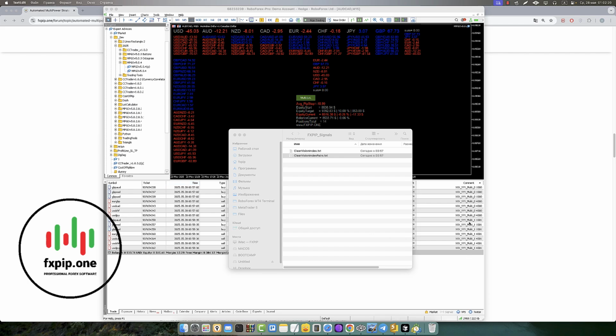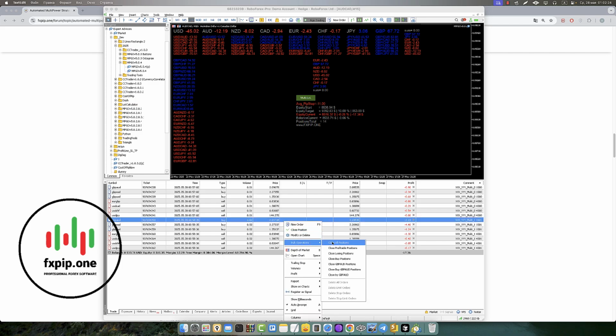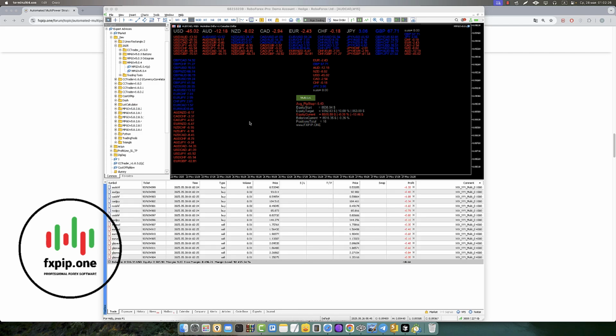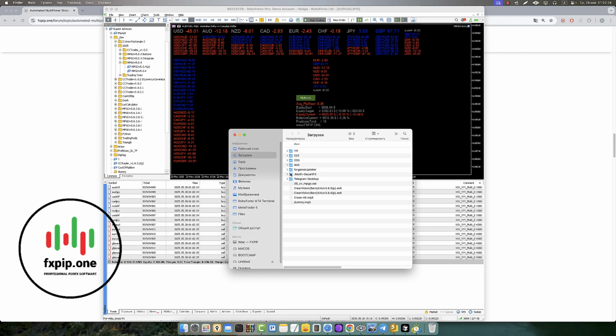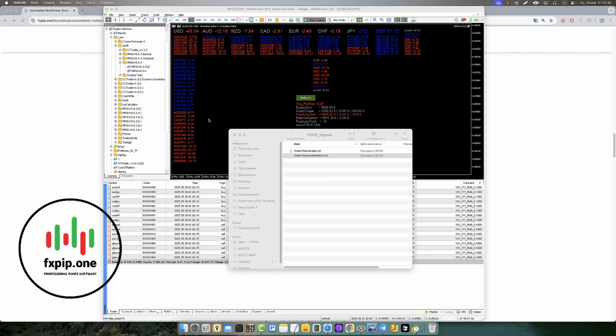Because we opened 2 multi-grid levels. Okay, that's okay. If you close the wall, it will update the file, and now you will see new pairs for the new strategy, because it updates these files when you close the wall manually or close on target equity. That's important stuff. This is what you have to remember.